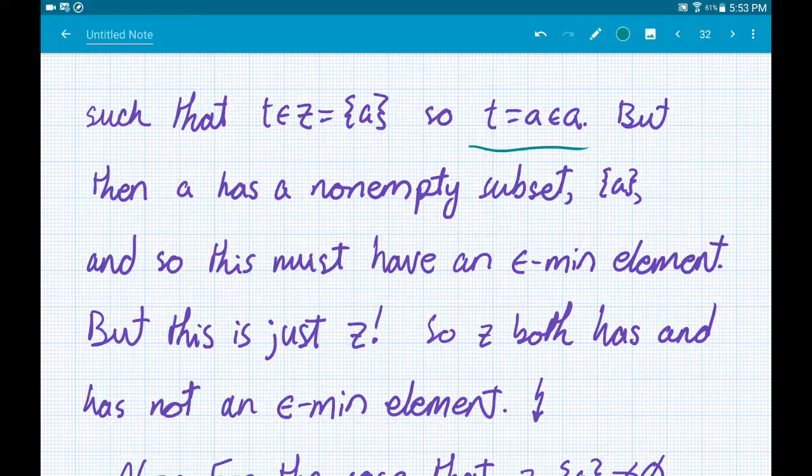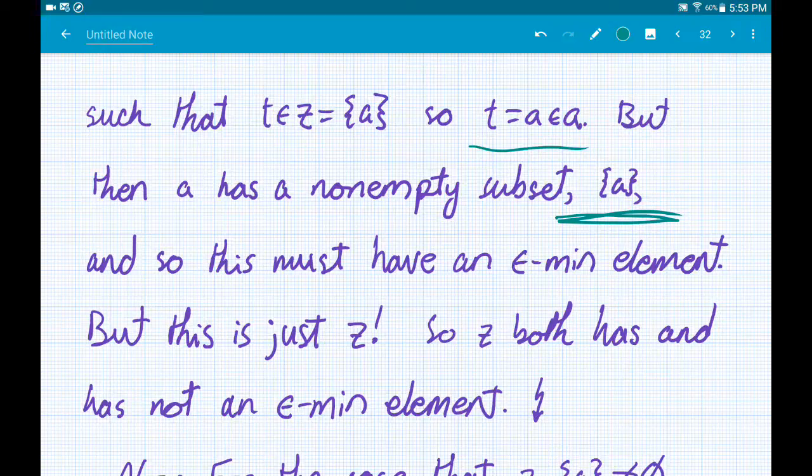Well, this just means that the set {a} is itself a non-empty subset of a. Every non-empty subset of a, by assumption that a is in X prime, has an in-min element.